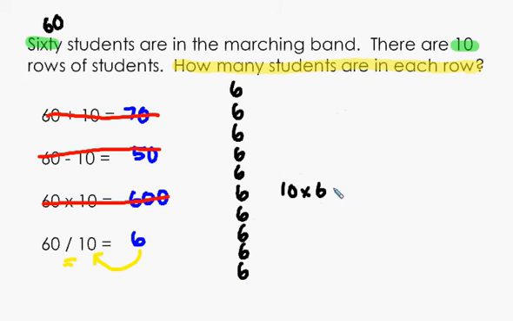And 10 times 6 is 60. And that is the same number of students in the band. So I know that there are 6 students in each row because our answer checks out.